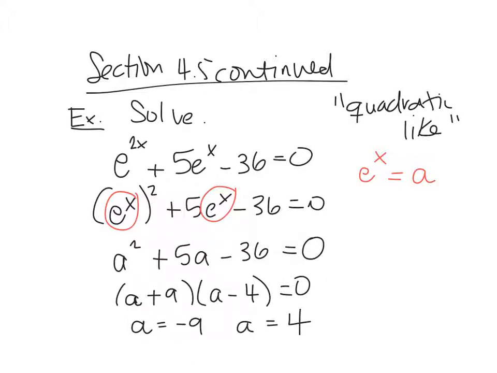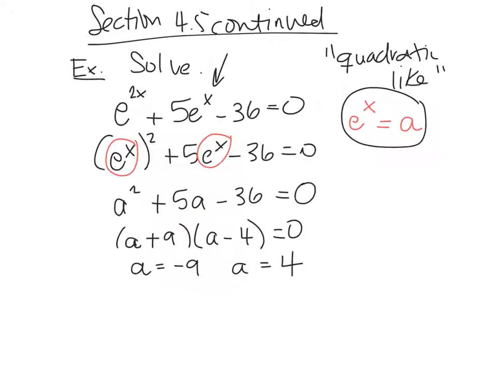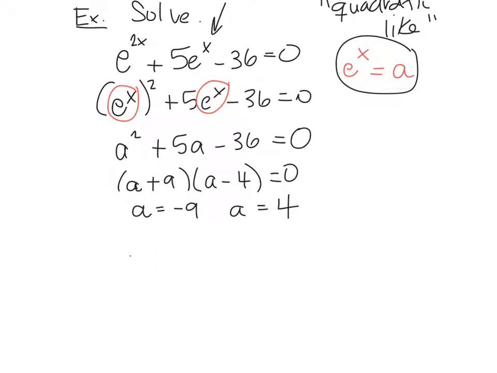Now, again, my variable was x, so I need to end with my variable being x and not some other letter. So now I need to do my resubstitution. I have e^x = −9 and e^x = 4. Remember we talked about making good choices when we take the log of both sides.